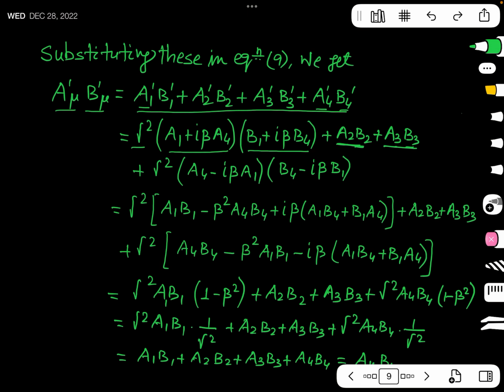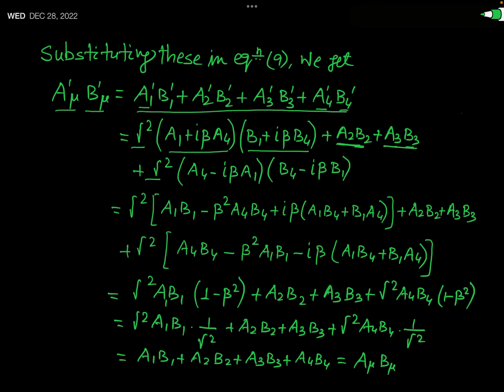So let us see here. I have written this is actually equal to gamma square times A4 minus i beta A1 times B4 minus i beta B1. Now let us simplify this equation a little bit.